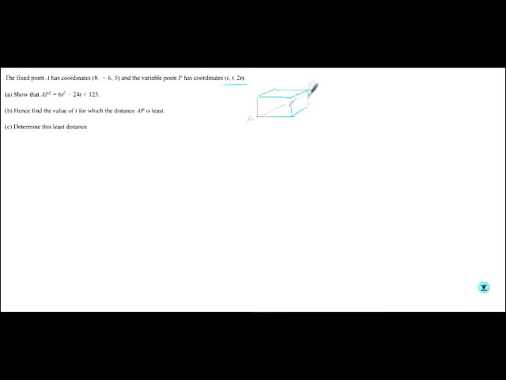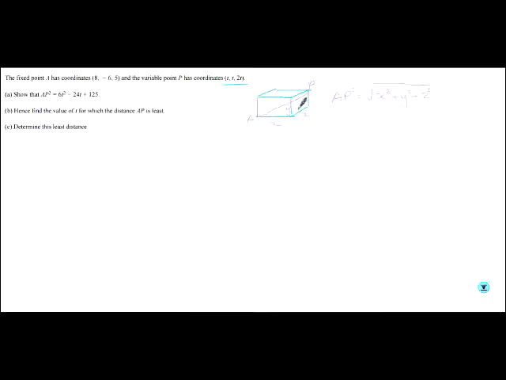If you wanted to find this length here, it was the square root of x squared plus y squared, or we could have called them A, B, and C, but it doesn't matter. It's basically the 3 dimensions squared and added together. So that's what we're going to need to do.